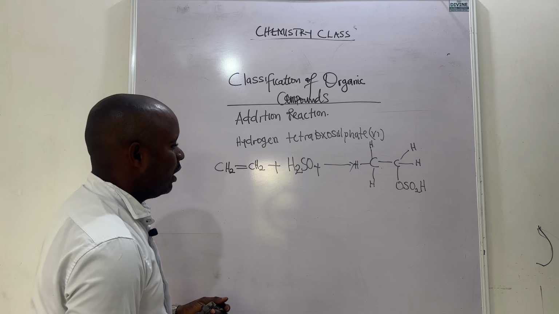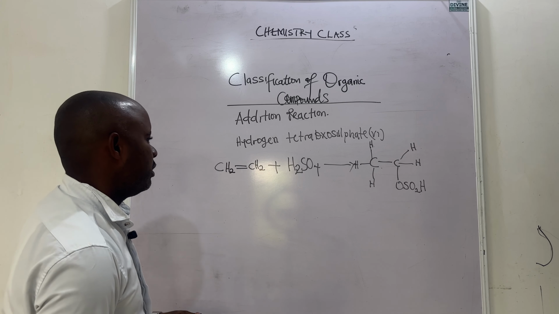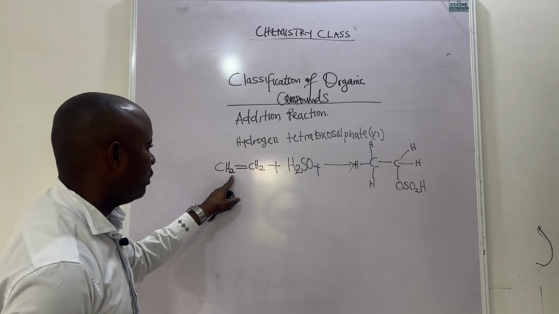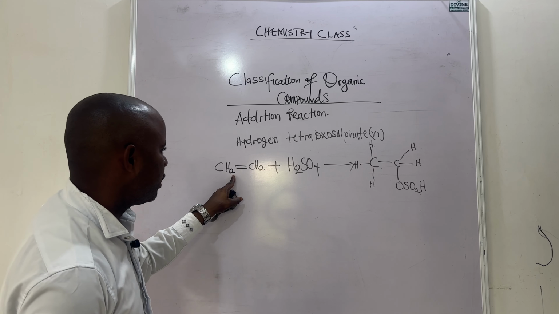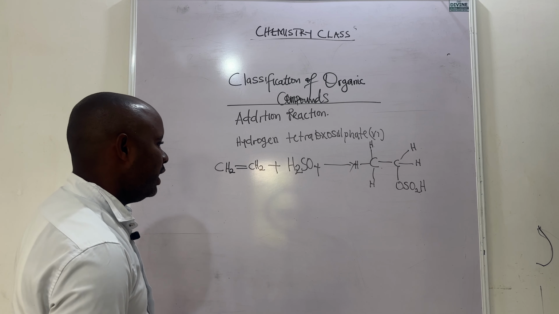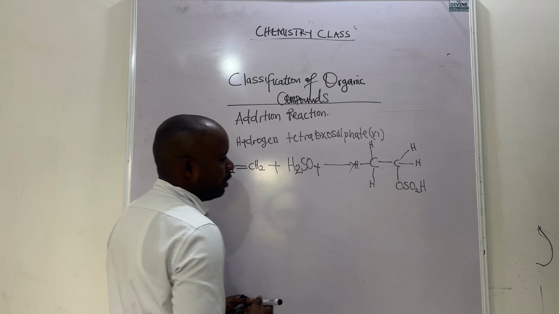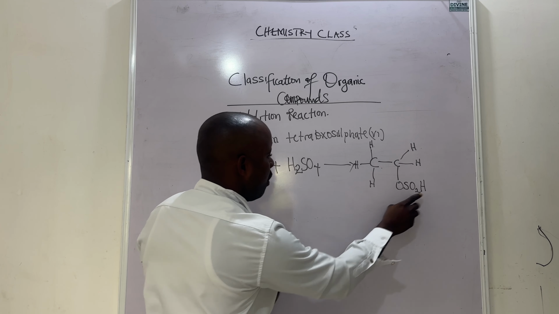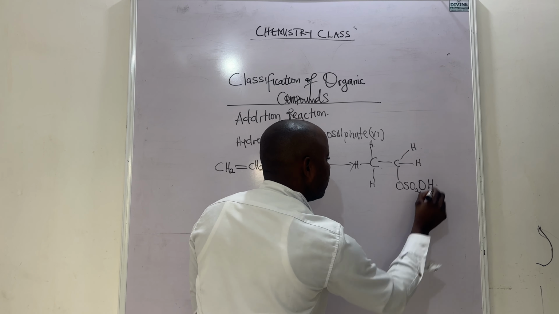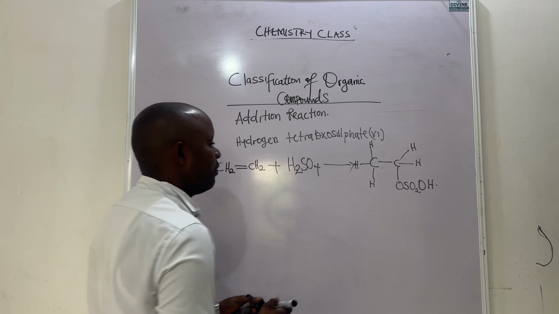One of these hydrogens is given out. So if this compound is heated, we have SO4, and we're going to have 4 hydrogens here: 1, 2, 3, 4.